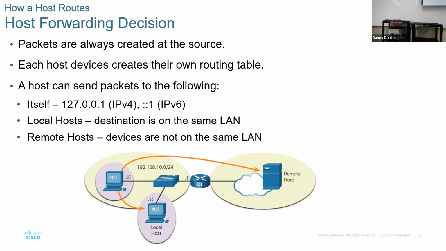That's the CIDR notation, also called the suffix, and that tells us how big the network is.